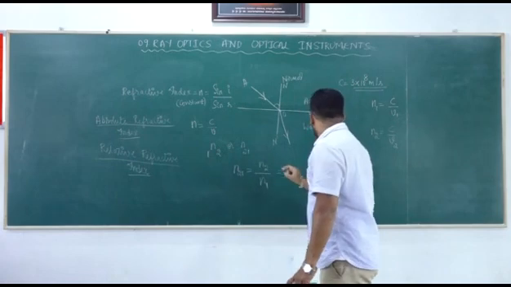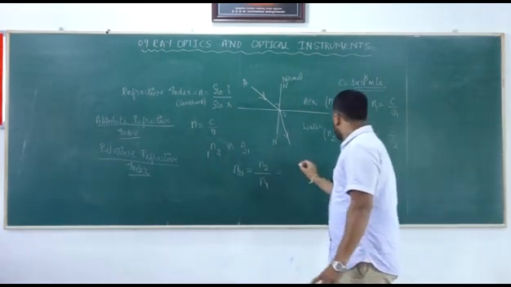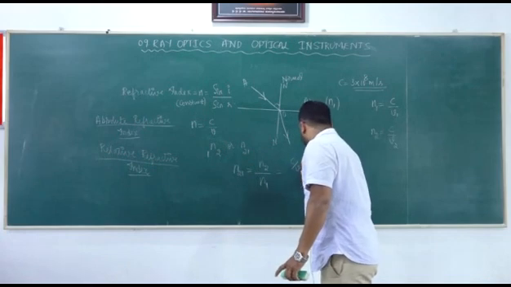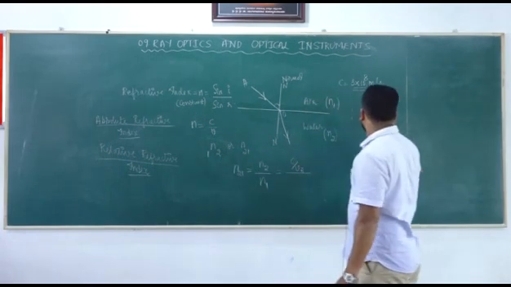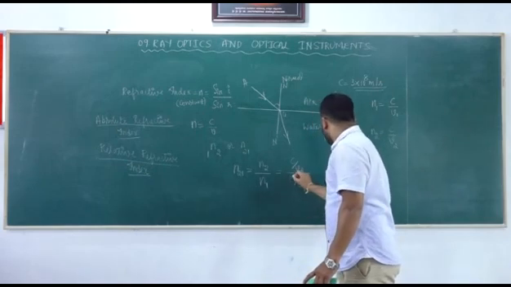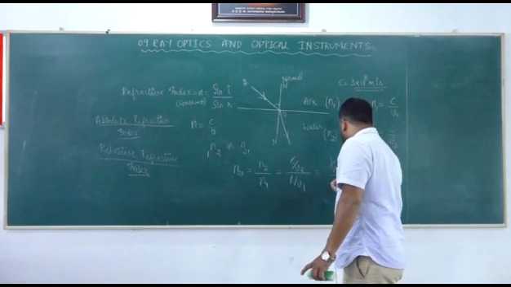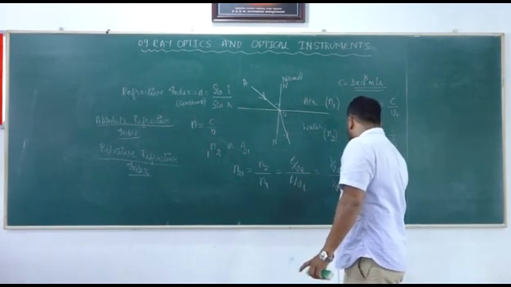Now if you consider these formulas, n2 means c by v2 divided by n1 means c by v1. The c's cancel, then it becomes 1 by v2 divided by 1 by v1.